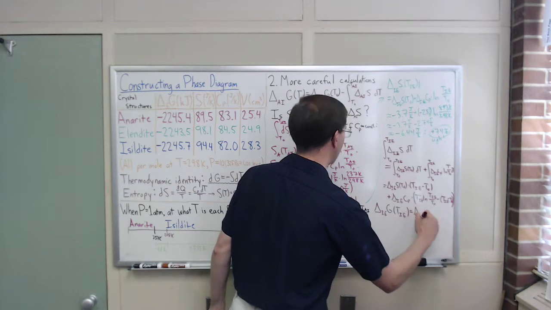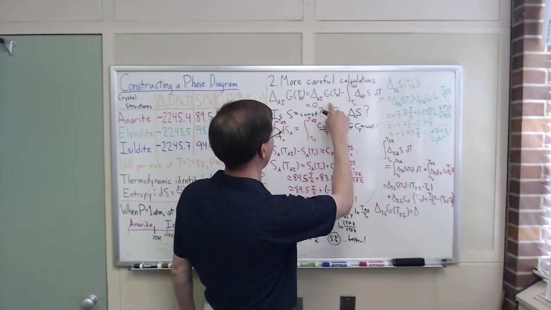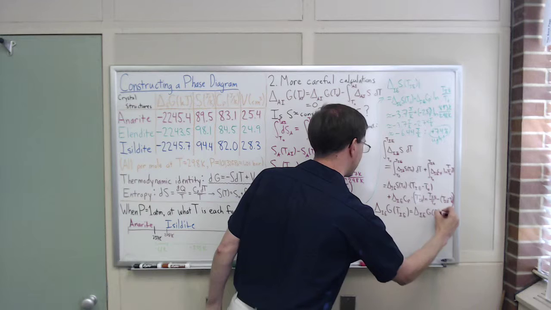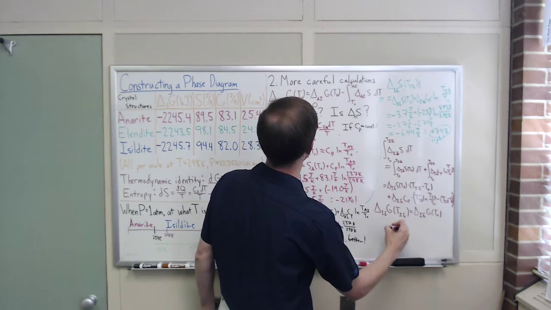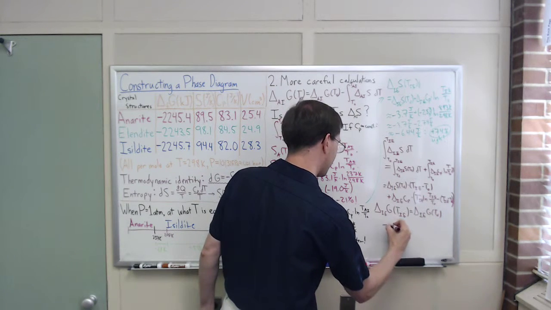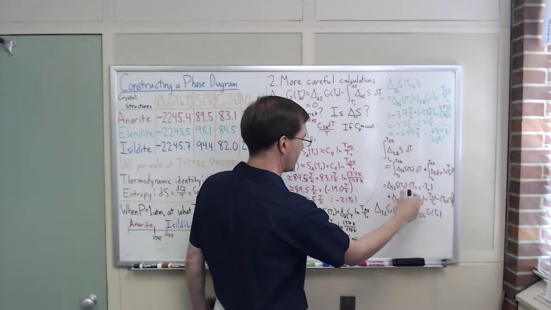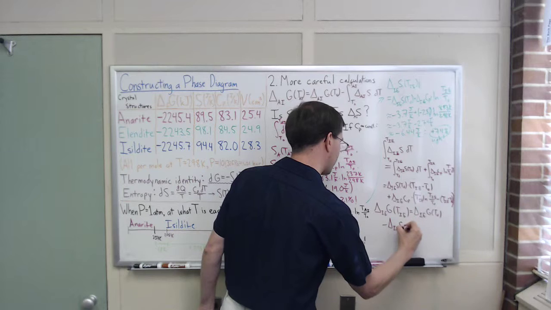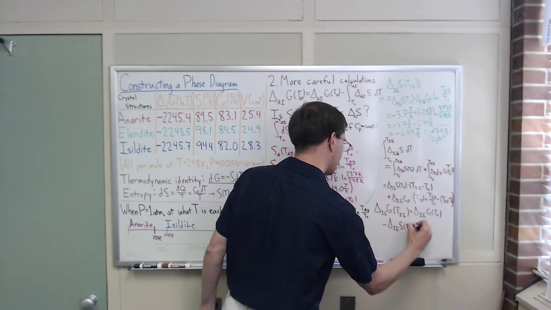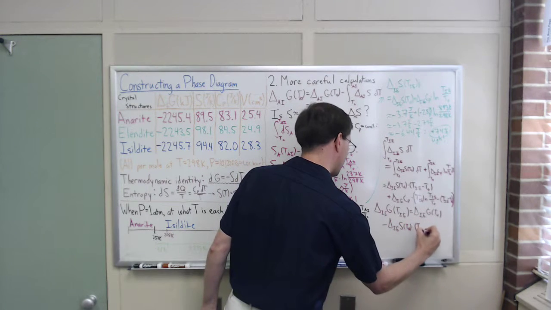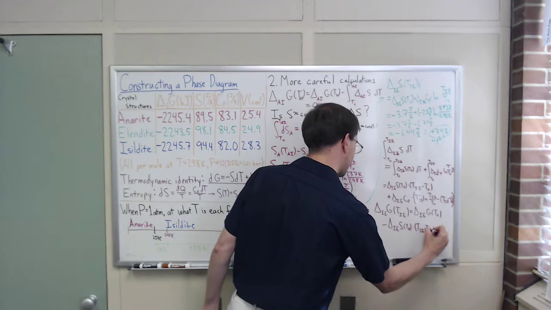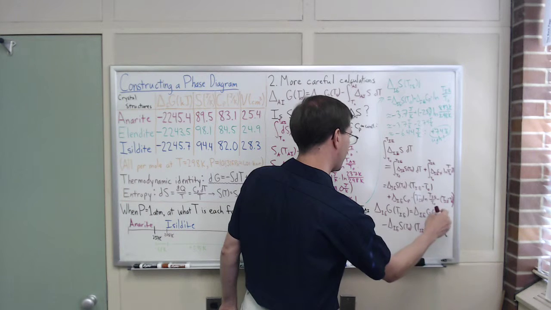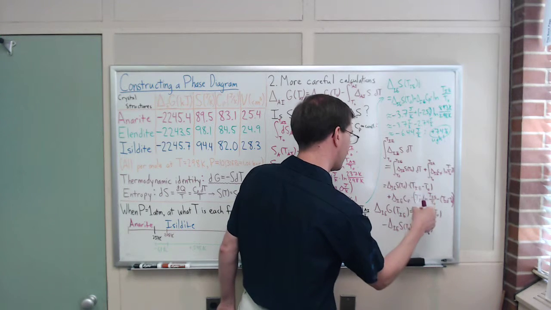I guess I'd have here delta G at T naught minus the first term of this, my delta S at T naught times T_IE minus T naught, and then I could probably simplify that, combine these together, couldn't I?